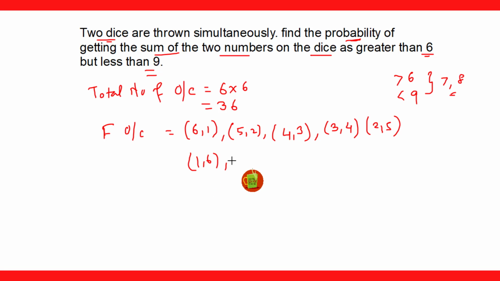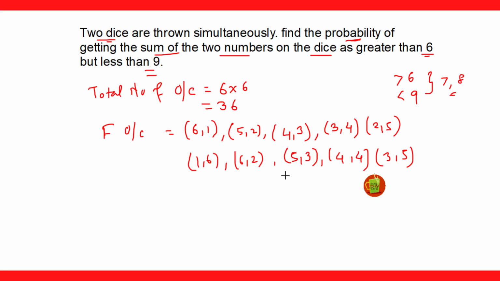And the next favorable will be 6 and 2. The next will be 5 and 3, and the next favorable will be 4 and 4. The next pair will be 3 and 5, and the next favorable, that is 2 and 6, and the next favorable will not be there. These are the favorable outcomes whose sum will be 7 and 8.